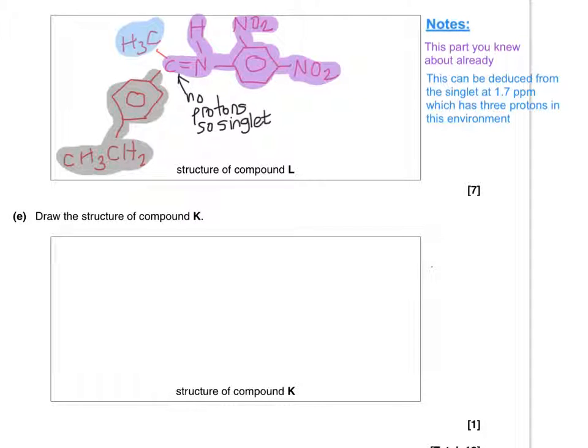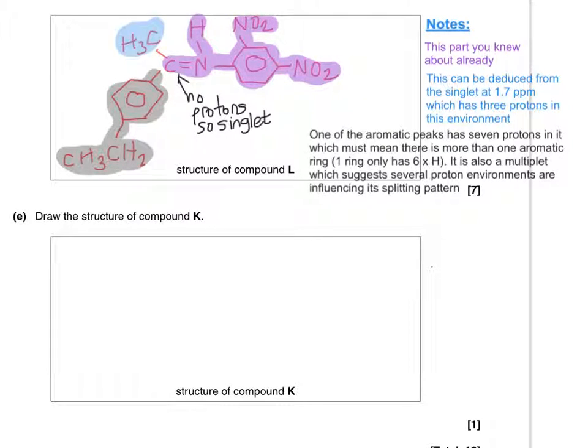So why the extra aromatic ring? If you go back to the analysis you did, you'll see that the proton environment for an aromatic ring with a hydrogen coming off it means that it has an integration ratio of 7. There's only 6 protons present in one aromatic ring, so it must mean there's 2 aromatic rings.